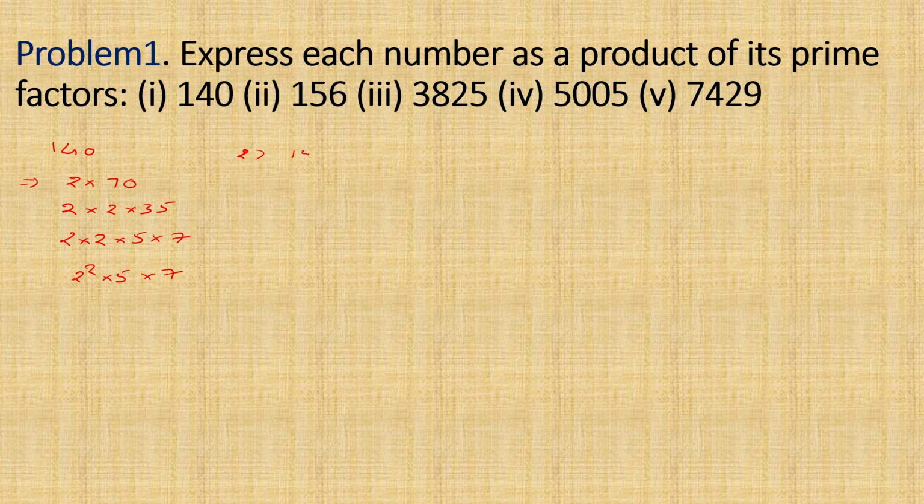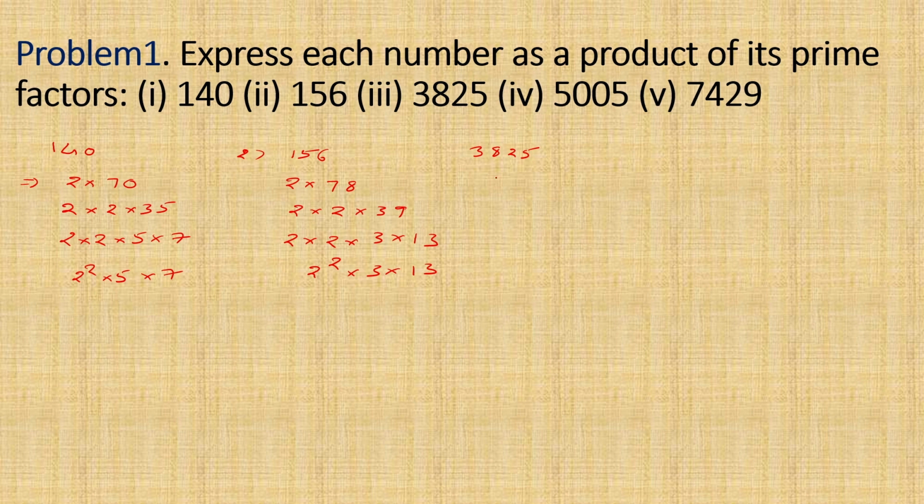The second one is 156. 2 into 78, 2 into 2 into 39, 2 into 2 into 3 into 13. So 2 square into 3 into 13. Next, 3825.